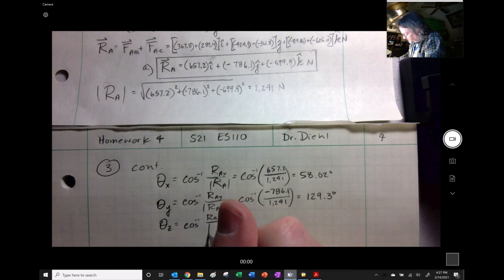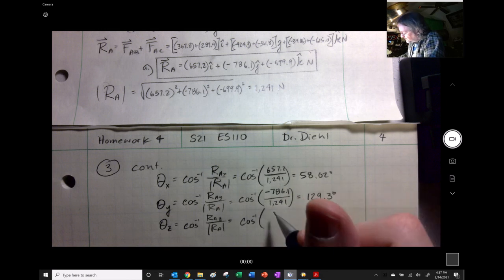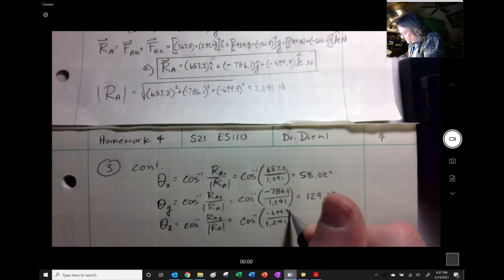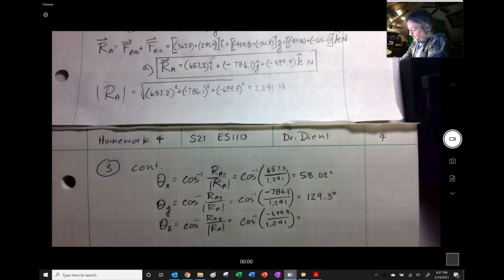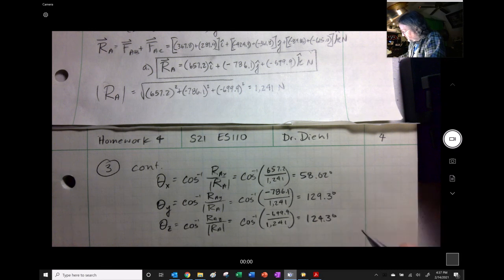z over R_A, inverse cosine of negative 699.9 over 1,241. And so 699.9 divided, inverse cosine, we get 124.3 degrees.